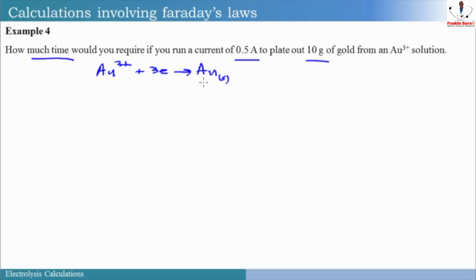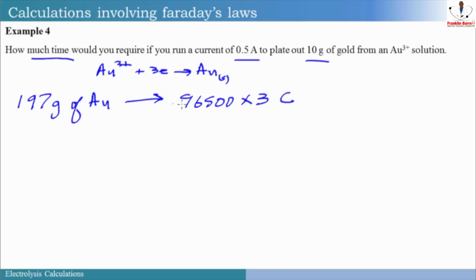So we need to multiply 3 by 96500 coulombs. What is the mass of 1 mole of gold? So the mass of 1 mole of gold would be 197 grams. So that would now produce 96500 times 3 coulombs, because we have 3 moles of electrons liberated here.